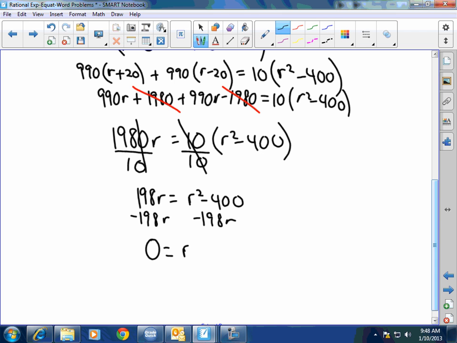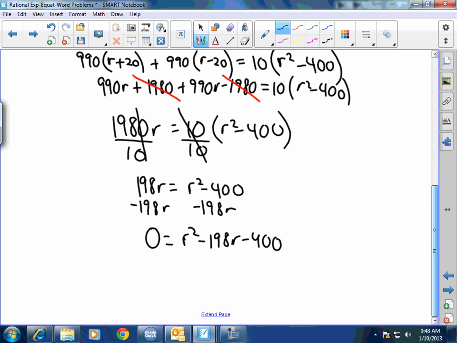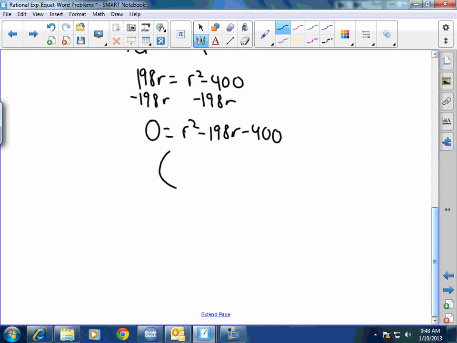So it's going to be r squared minus 198r minus 400. Now I'm going to factor, r and r. When I ask myself what times what is negative 400, and when added together is negative 198, it's going to be a negative 200 and a positive 2.